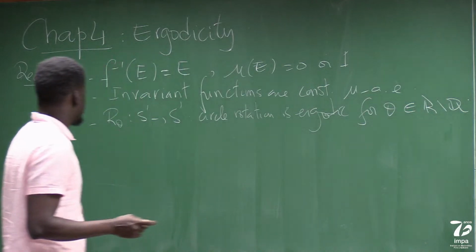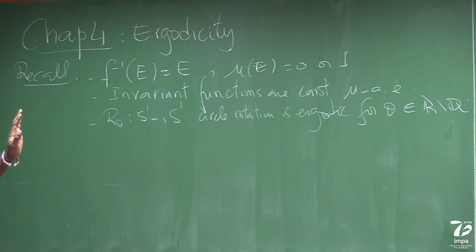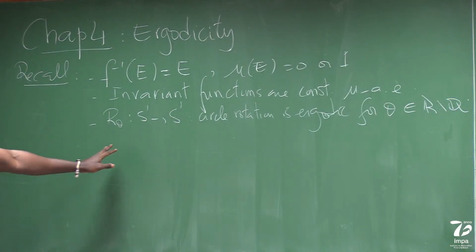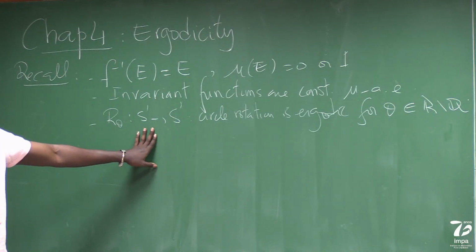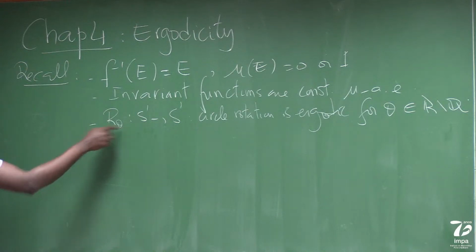And so before I go to expanding maps, I should mention that there is also another way to prove this, using Lebesgue density points. So an alternative proof of this one is using Lebesgue density.